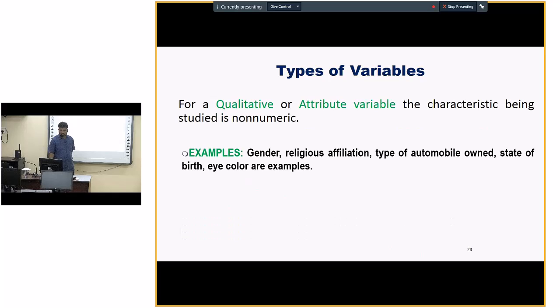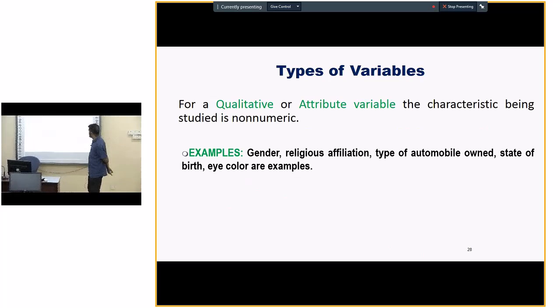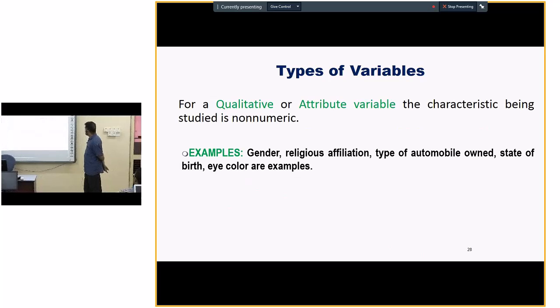Now if I move to qualitative data or the categorical data, then this is the definition. Qualitative or attribute variable, the characteristic being studied is non-numeric. Example also given: gender, religious affiliations, type of automobile owned, state of birth, eye color. You can see a number of examples in that category.